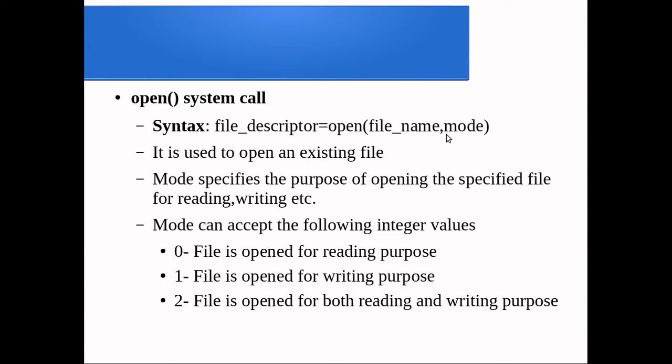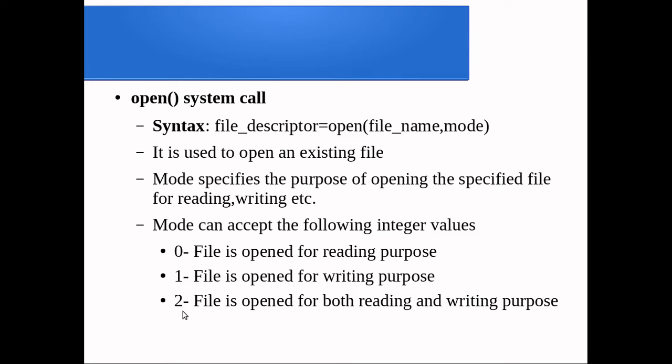Now in the place of mode, it accepts 3 values. If we are giving the mode value as 0, it means we are going to open the file for reading purpose. And if the mode argument value is equal to 1, we are going to open the file for writing purpose.